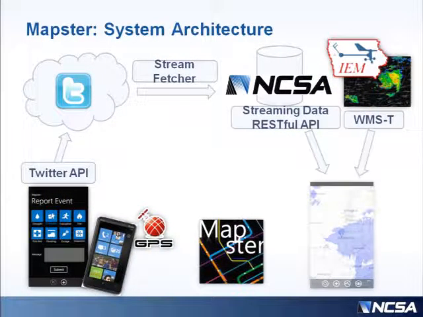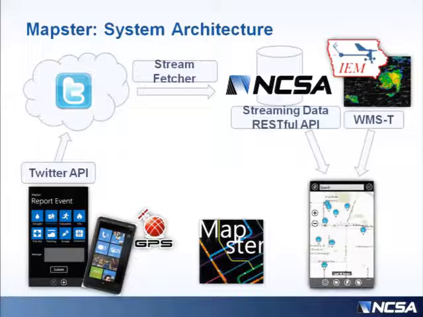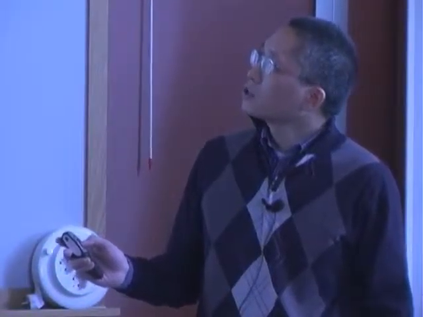As you can see, we can use a Windows Phone to report events into Twitter, and then our streaming data service can fetch them, process them, and provide our streaming data RESTful API, and then we can consume any web mapping service time series data. In this particular case, this picture shows the radar data, the National Weather Service data, and you can visualize them on your phone.